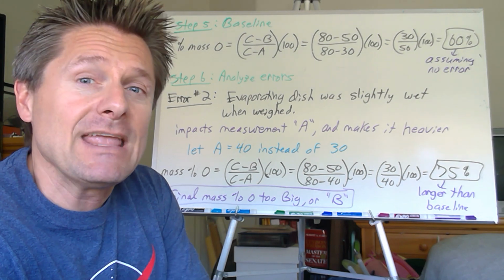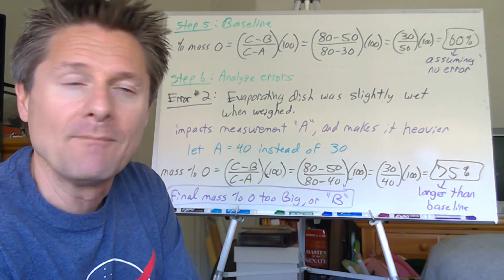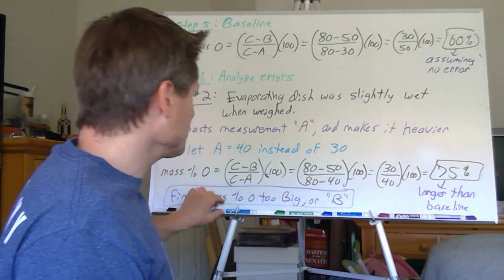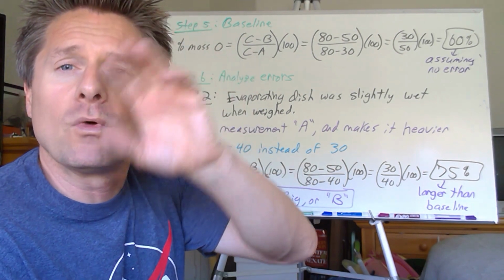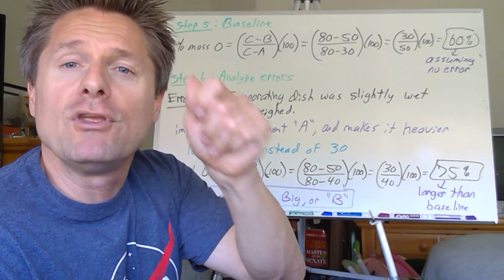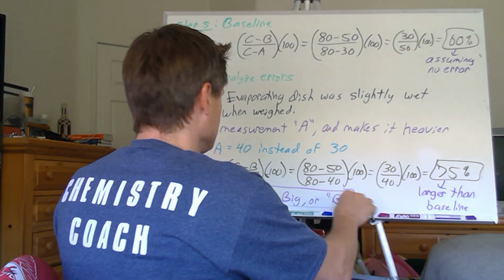It would not affect C because you heated it. All right, you heated it and that water would be gone. So let's make the assumption, because otherwise we get two different answers. Let's make the assumption that the water was evaporated before you weighed the dish plus the iron. That would make a difference, right?